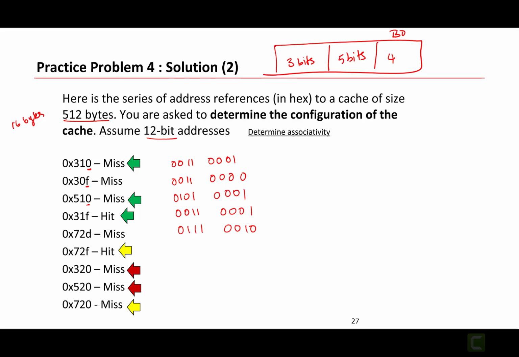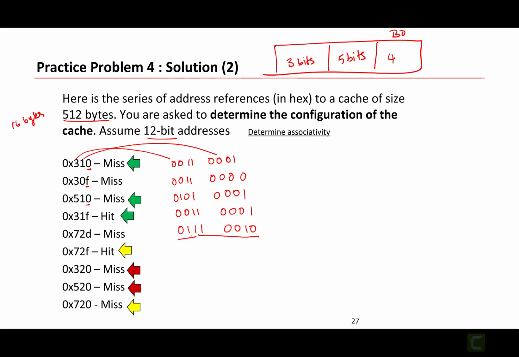So I have only translated the first 2 nibbles. That's enough for me to figure out my tag and set index. My set index has 5 bits in it, so these would be the set index, and the first 3 bits would be the tag.